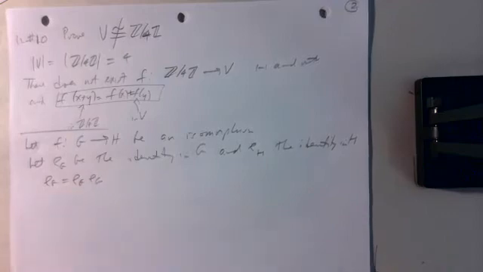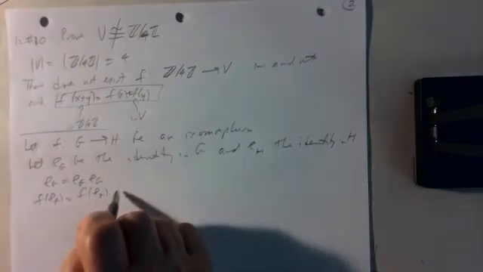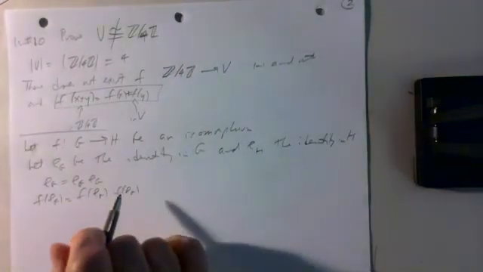So we have, if you multiply the identity with itself, you get itself, right? Like 1 times 1 is 1.